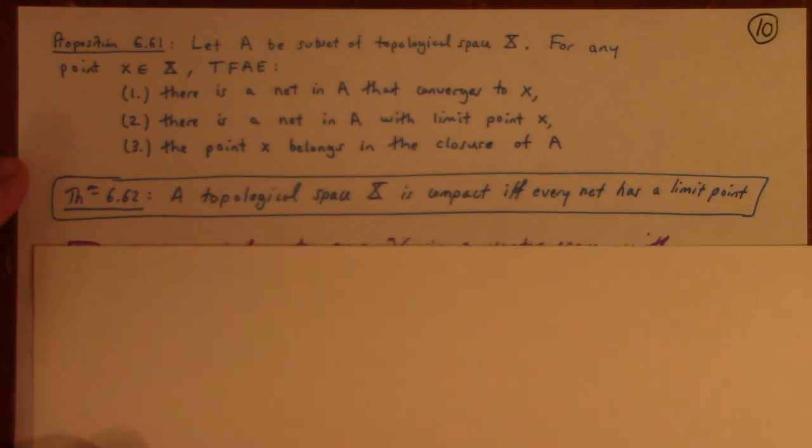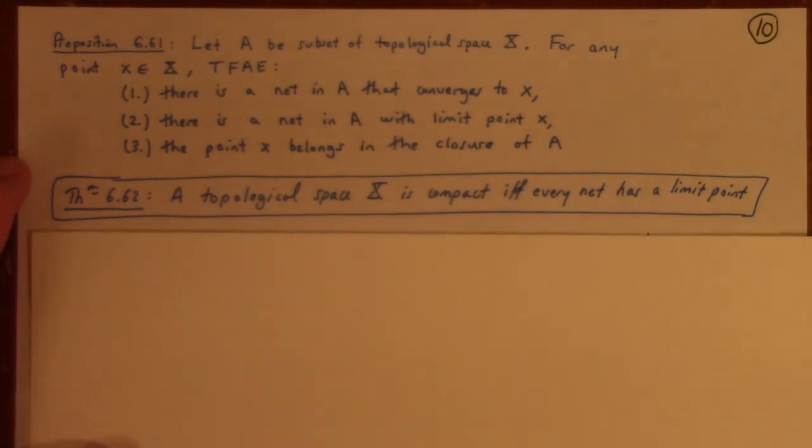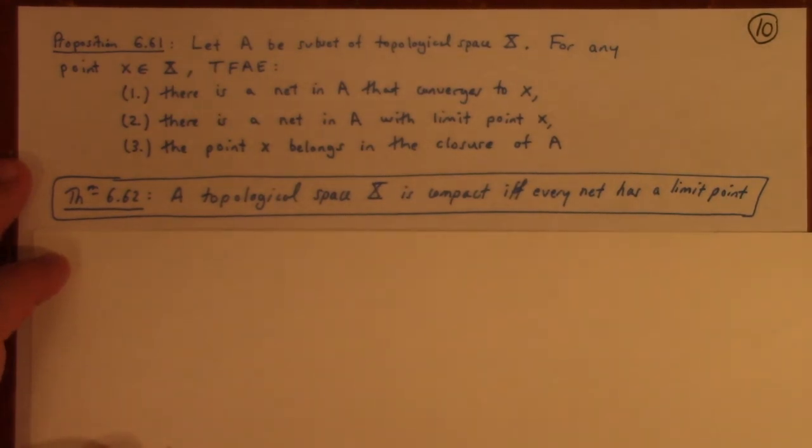Then Theorem 6.62, a topological space X is compact if and only if every net has a limit point. That seems a little less nuanced than our previous theorem about compactness and sequences, right?